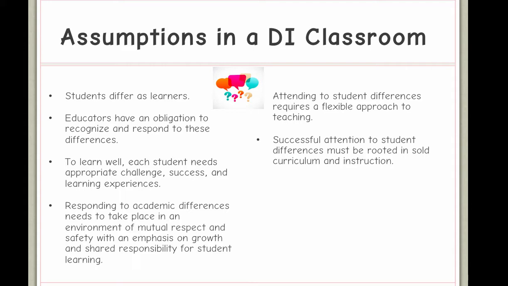But you can't have fun and engaging and modified if we don't have a solid curriculum and good instructional strategies and techniques. So I think our focus should start with the student, but I think the curriculum and instruction piece is just as important. They go hand in hand.